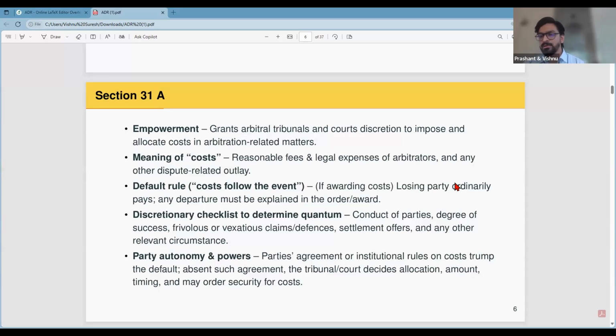Ultimately, like in everything associated with arbitration, there is also scope for party autonomy. That is, if parties have decided amongst themselves that the costs will be apportioned between them in a particular manner, Section 31A will stay out of it, or rather the courts and the tribunals will stay out of it. But this decision has to be made post the dispute has started.